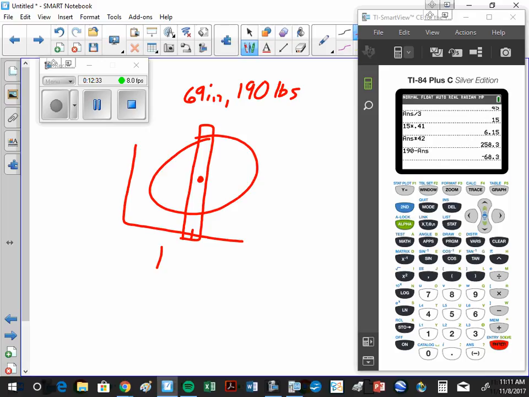So this is height, and this is weight. If we draw the SD line, 1, 2, 1, 2, and then 1, 2, 1, 2.